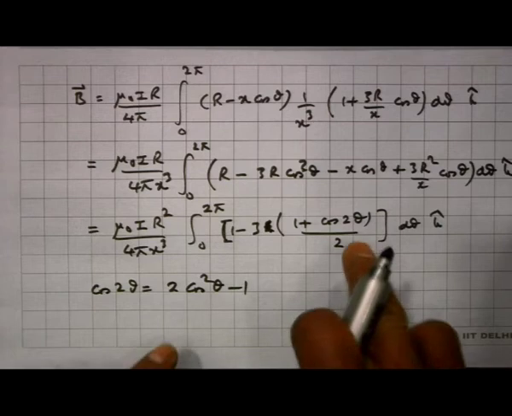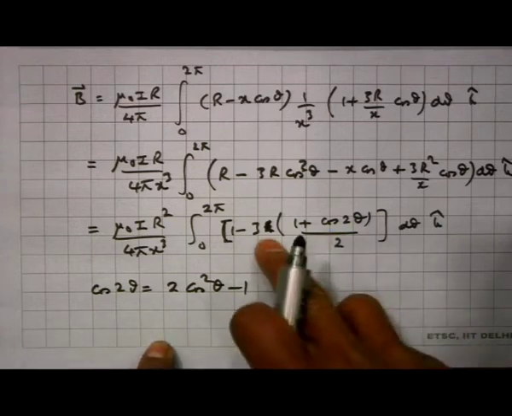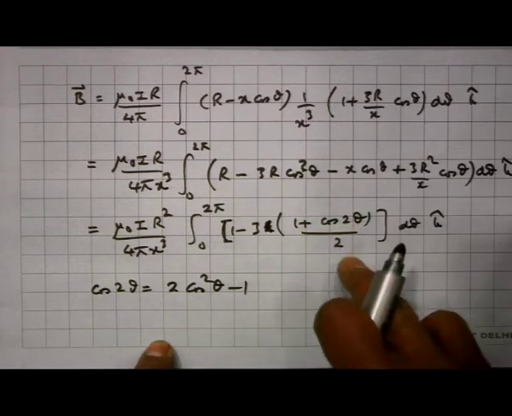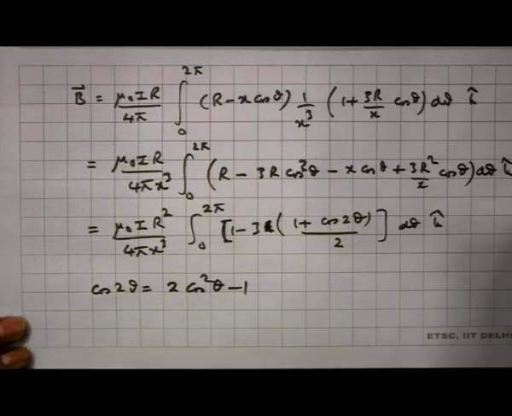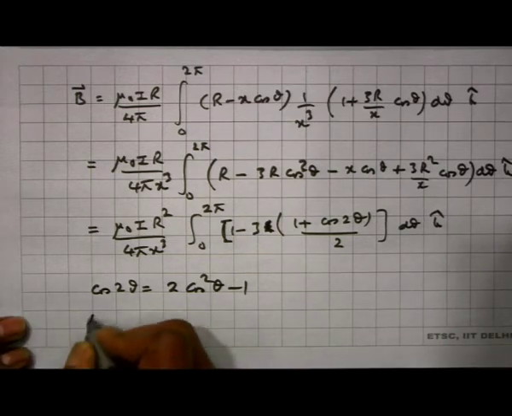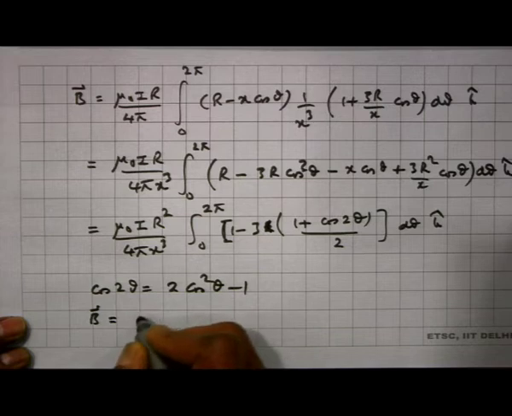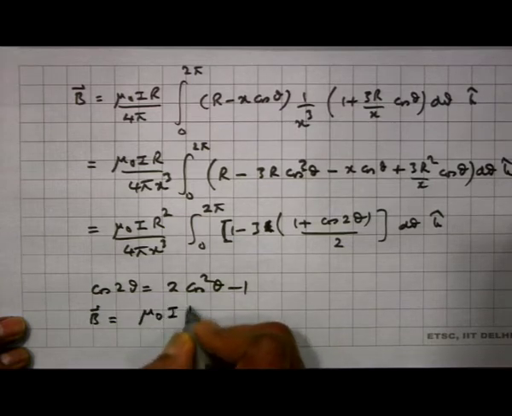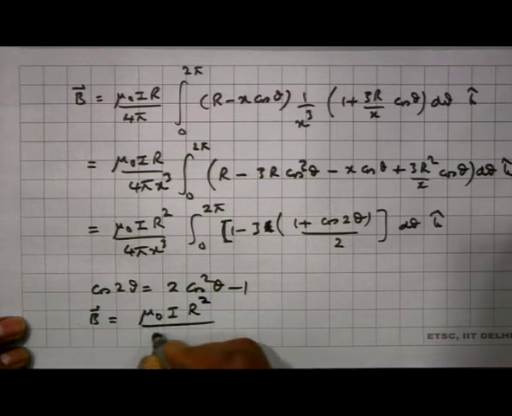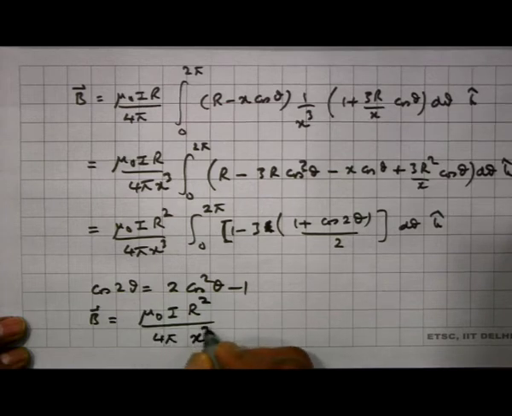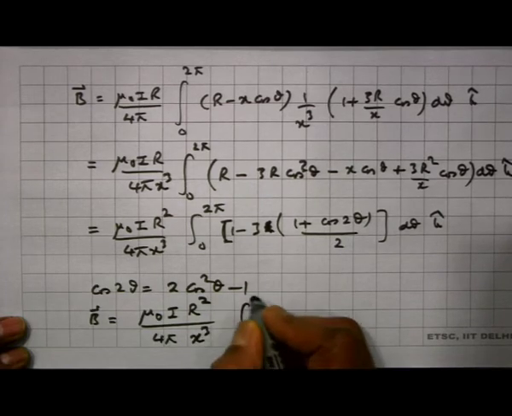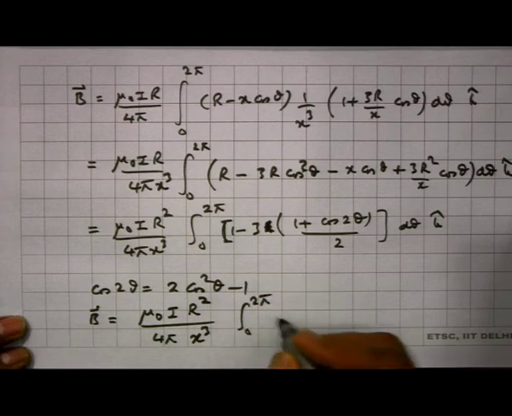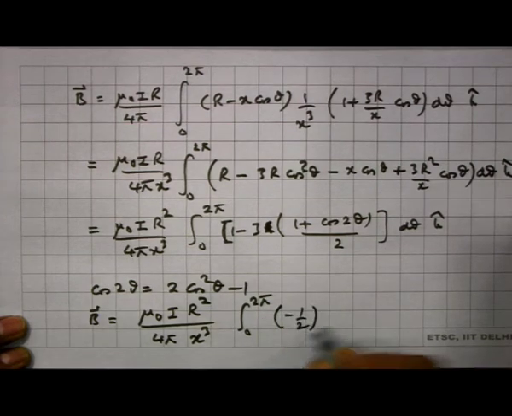Now, again if I open this up, I get 3 by 2 and 3 cos 2 theta by 2. The cos 2 theta integral will become 0, and I will get finally an expression for B equal to mu 0 I r square by 4 pi x cube, 0 to 2 pi, 1 minus 3 by 2, which is minus half d theta.